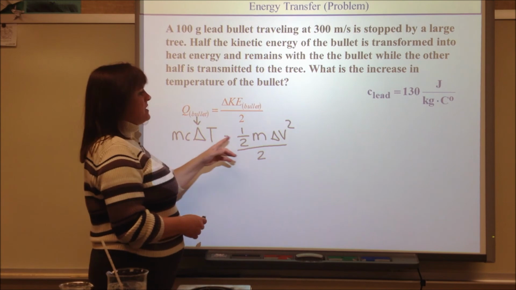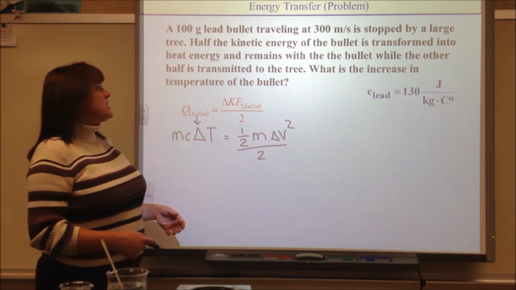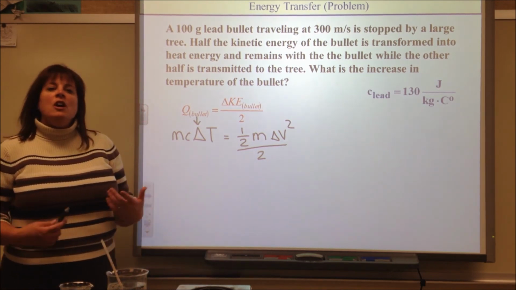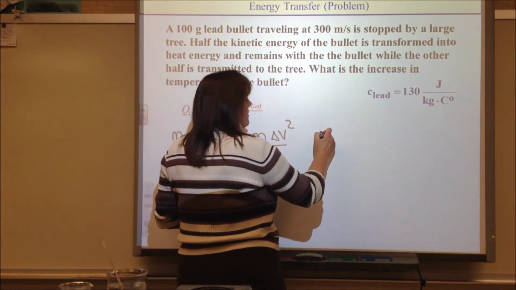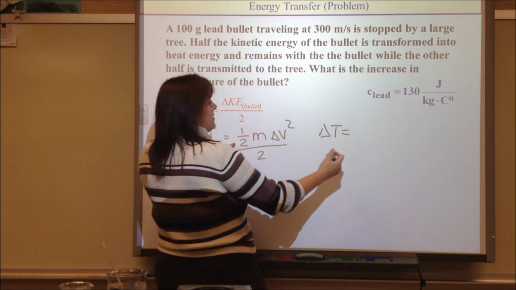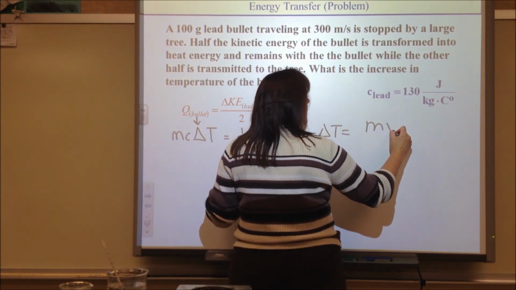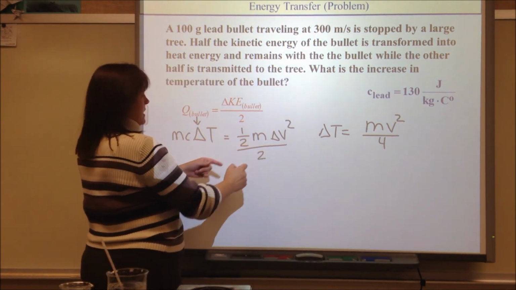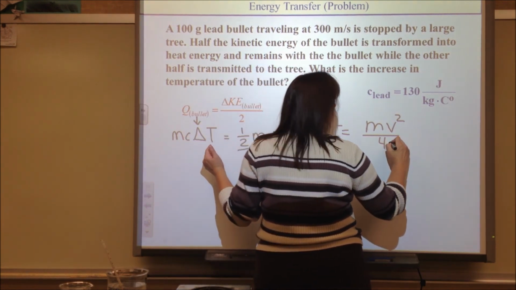Now once again, you can see that we have m's on both sides. So when we go to solve this for the increase in temperature, we're going to end up getting rid of the masses. So if I solve this for delta T, if I distribute that half, I get mv squared divided by 4, right, we bring that 2 down there, and I'm going to divide that by m and c.